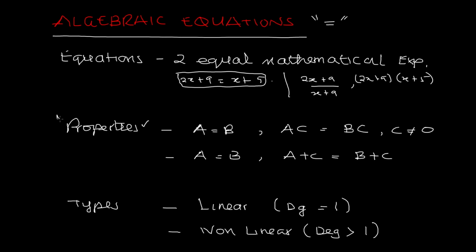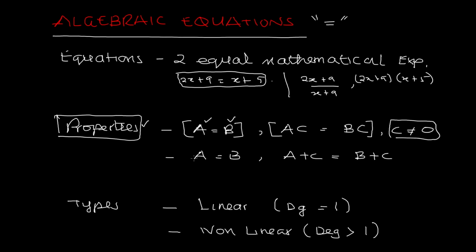So the law of equations is that you always have to maintain the balance. And so the balance here is that we can multiply with the same factor on both sides, and then we can still maintain the balance as long as what we're multiplying with is not equal to 0.